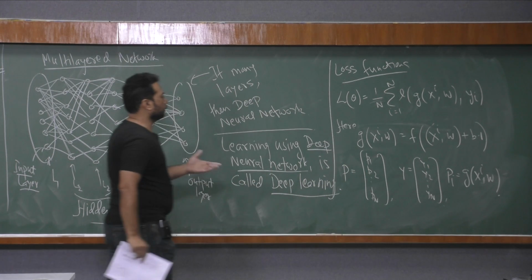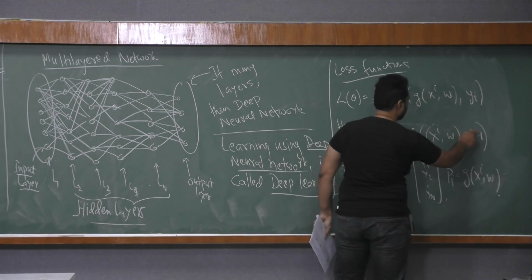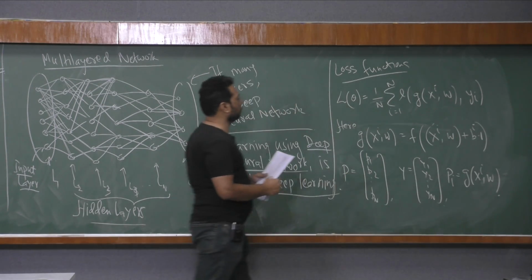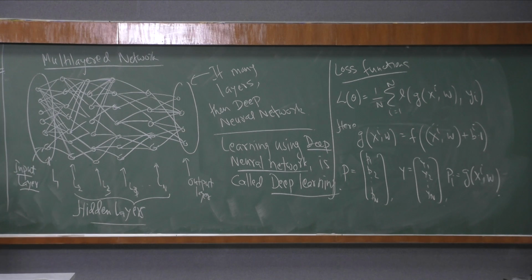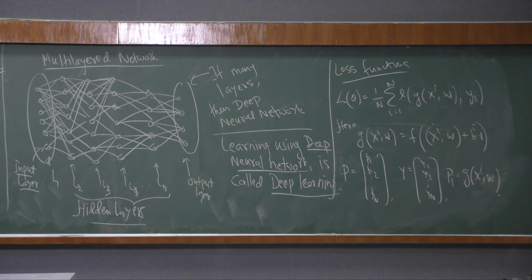For each sample we have this P_i: for x_i and w_i, we do a linear combination and then the activation. We can also use b_i, changing the bias each time. With these vectorized notations, we can now write the loss as the L2 norm of p minus y.